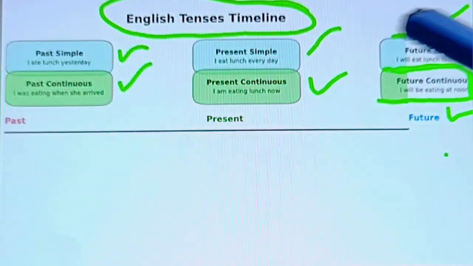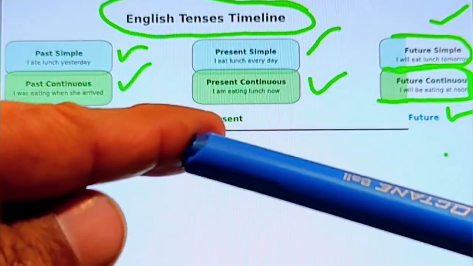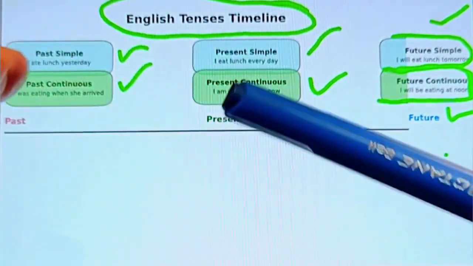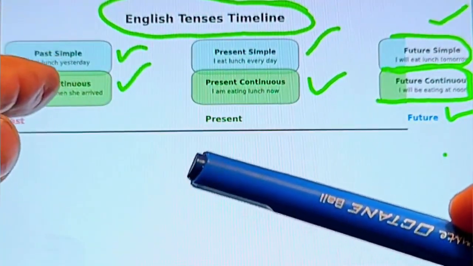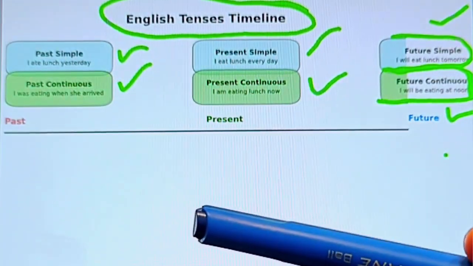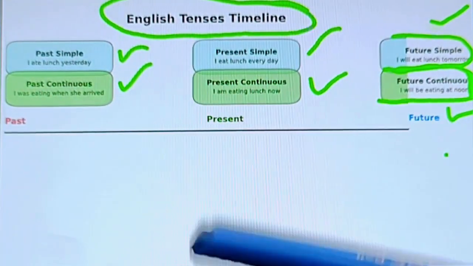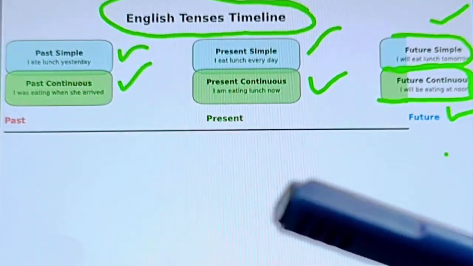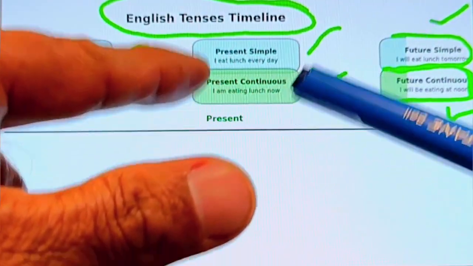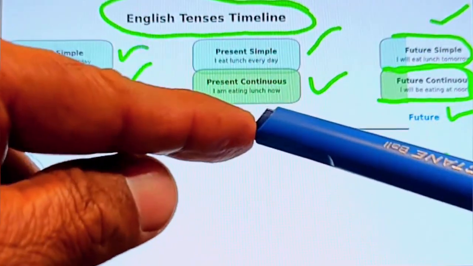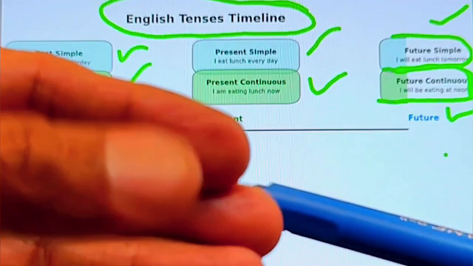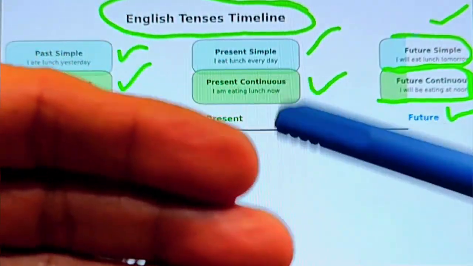When you compare all these sentences, you can understand very easily. So I was eating when she arrived. Arrived is the past form, that's already happened, that's in the past. So this is the past continuous. I am eating lunch now. It's present continuous, that's still going on. This tense is not complete, this is still going on.